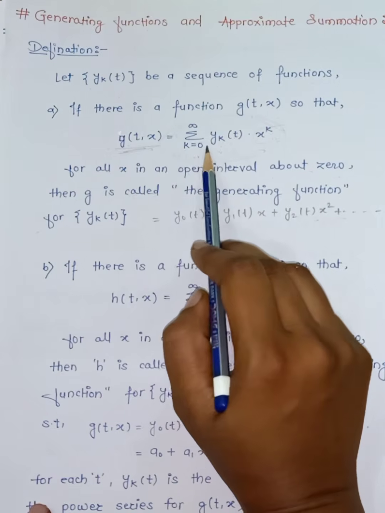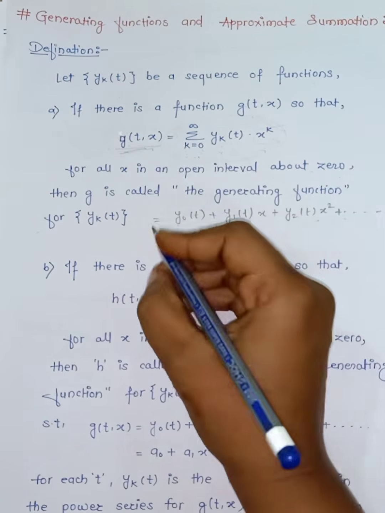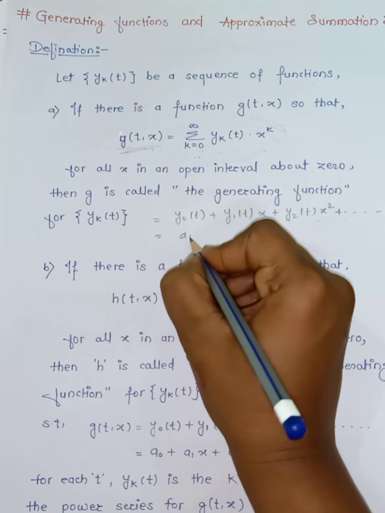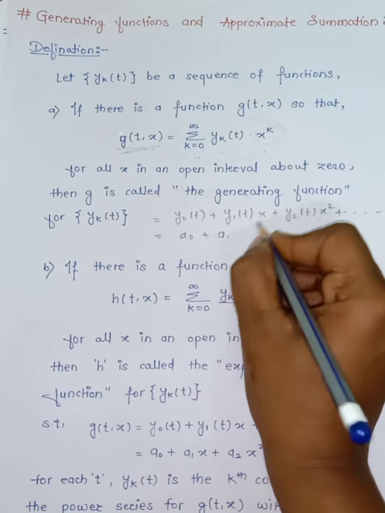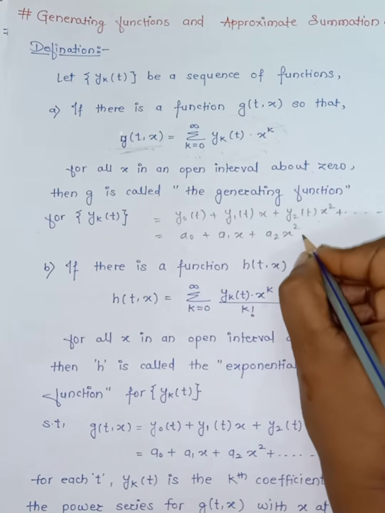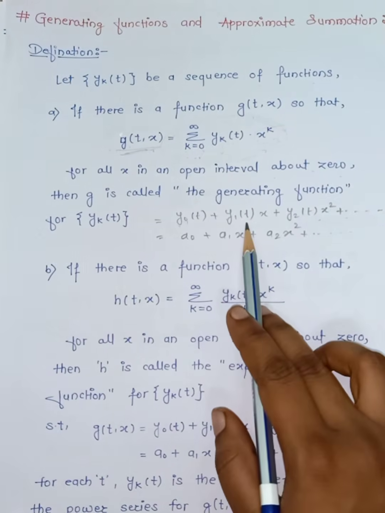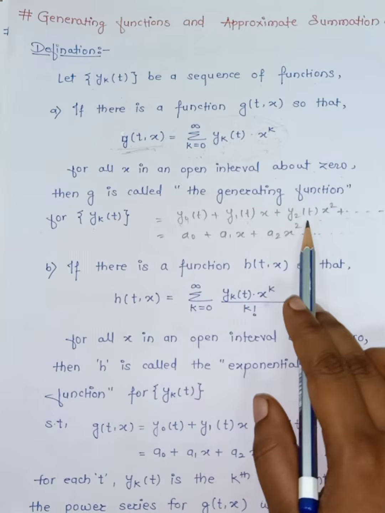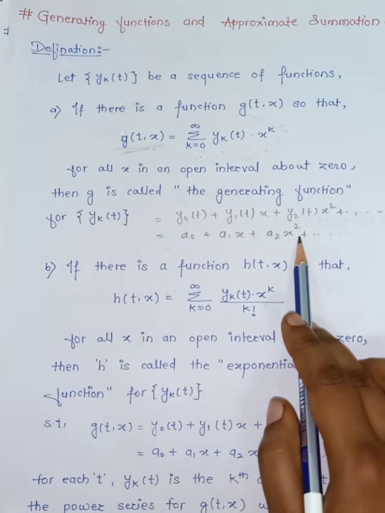Okay, so if we put k equals 0 to infinity, we get it like this, and we can also write it as a_0 plus a_1 x plus a_2 x square and so on, in place of y_1(t) we write a_1. So y_0(t) plus y_1(t) times x plus y_2(t) times x square and so on can be written like this.